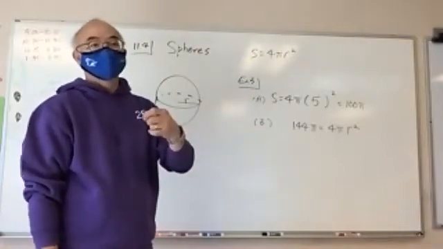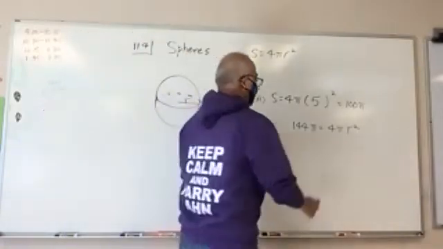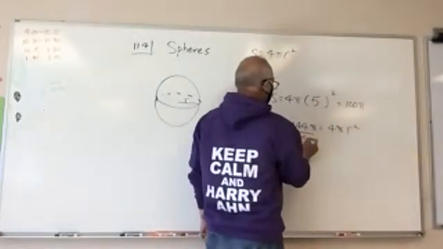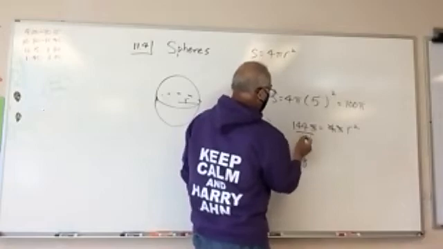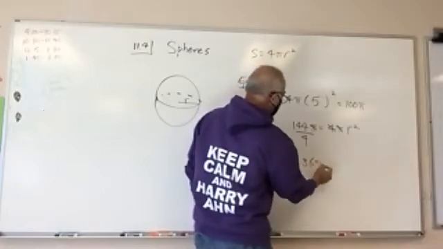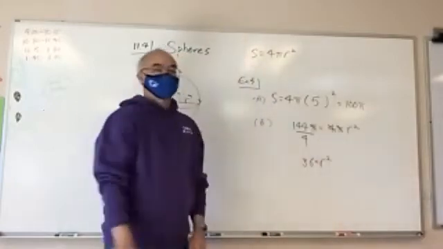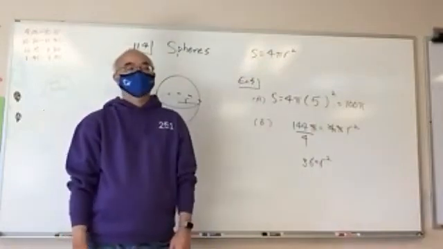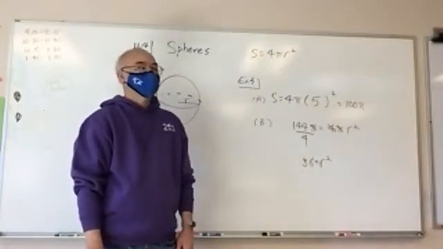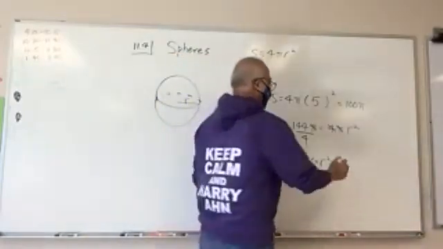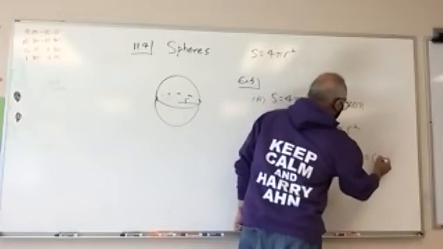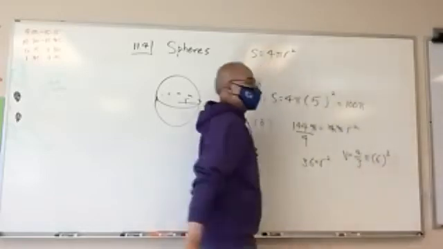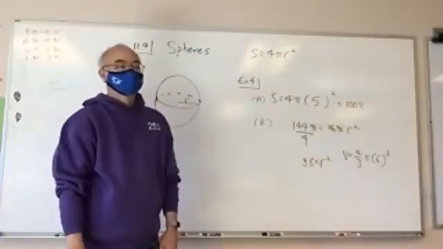So the pi's cancel out, divided by 4, r squared is 36. R would be 6. So the volume is correct.